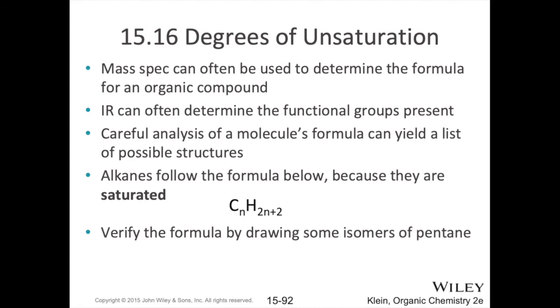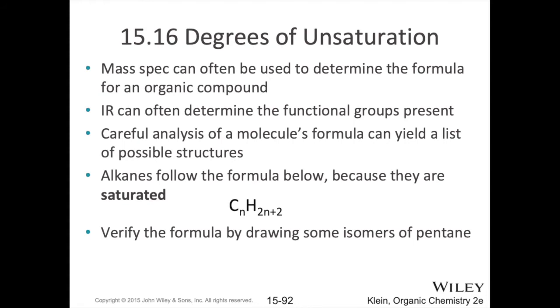There's room for extra hydrogens to go on there. So when we look at degrees of unsaturation, we're looking at how many extra hydrogens we could add to this molecule. By seeing the room for hydrogens, we can figure out how many double bonds there are, or how many places we've closed our chain of carbons into a ring.